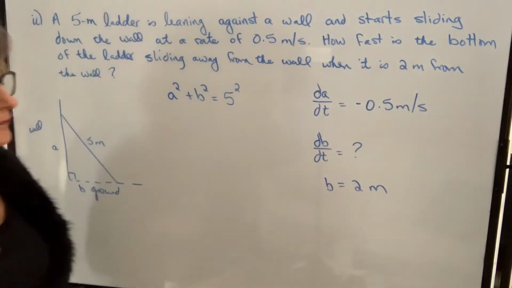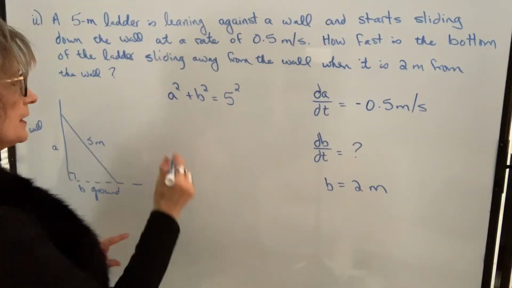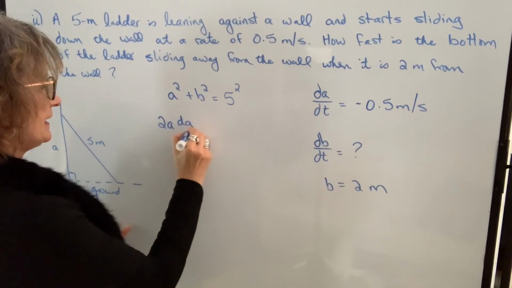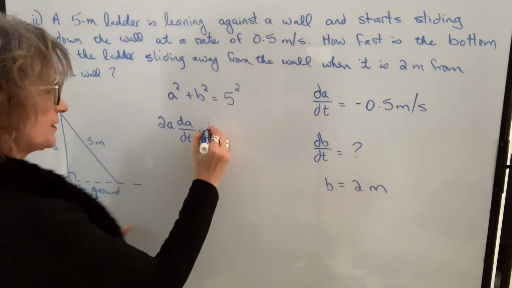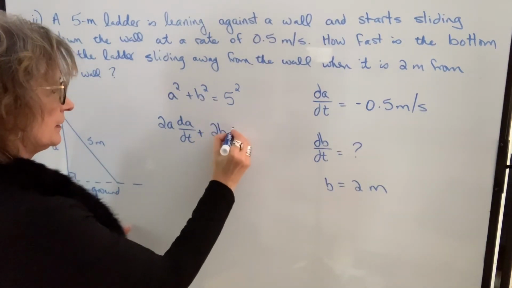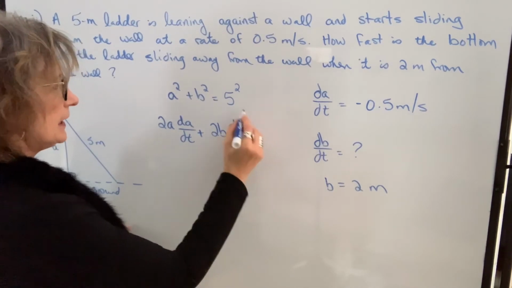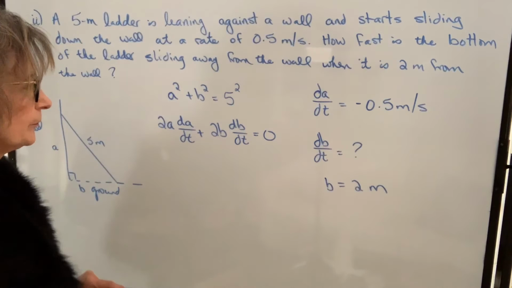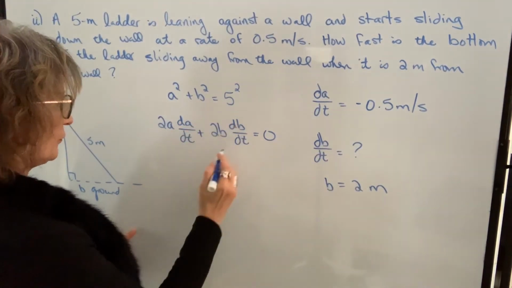We're now going to differentiate this with respect to time. So the derivative of a squared will be 2a dA/dt, plus the derivative of b squared with respect to time will be 2b dB/dt, equals the derivative of 25, which is 0. I want to solve for dB/dt, so I'm going to move this term over.